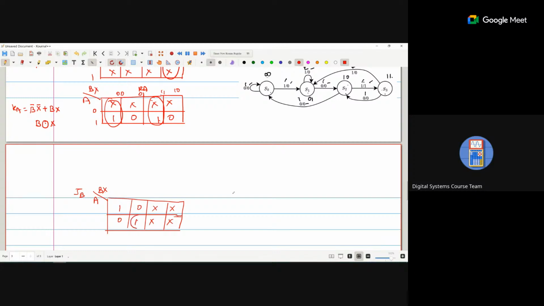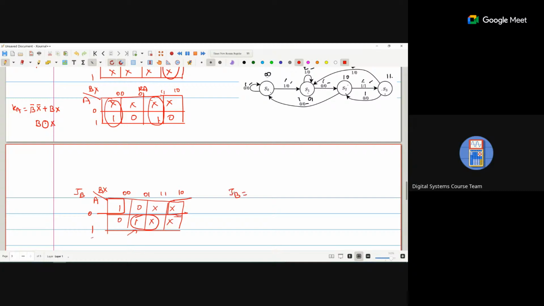Okay, so we make a group of these two, or we make a group of these two. When we make a group of this one, what is the JB?